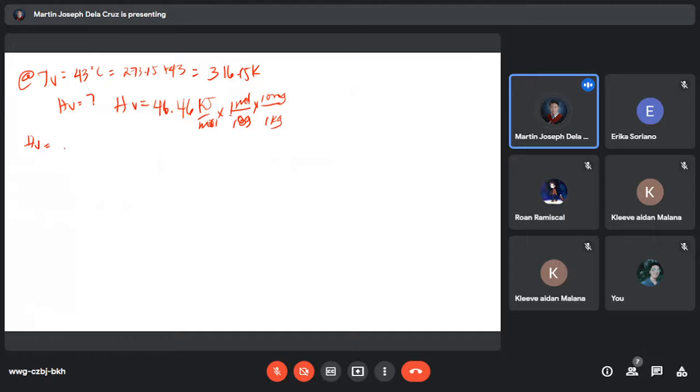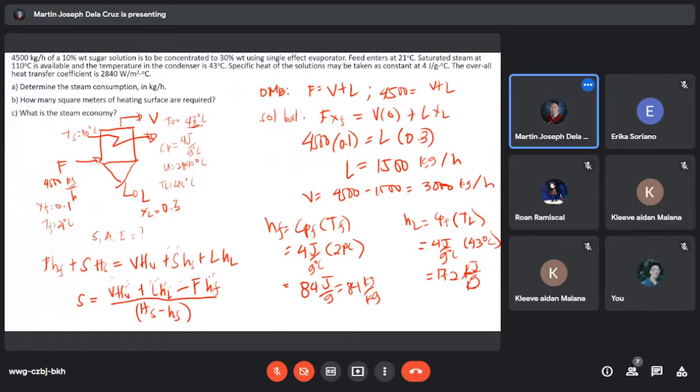Okay. So, you have 2581. Recheck nyo na lang class, 2581.111. And then, meron na tayong si HV. Kailangan na lang natin si hs at saka HS.